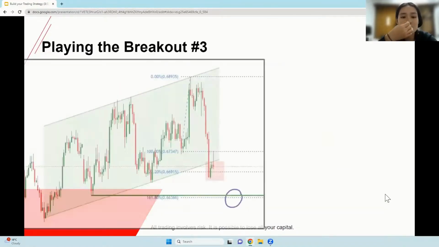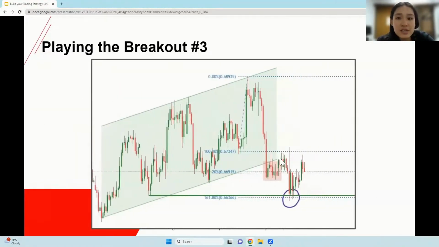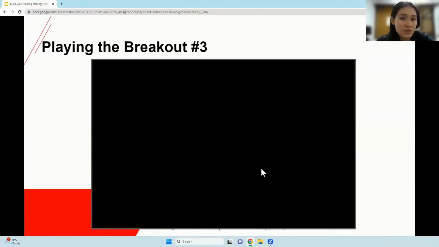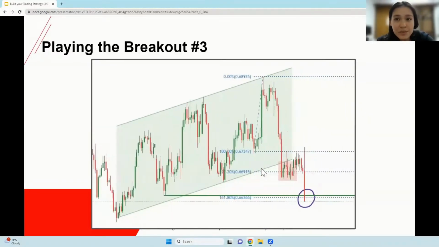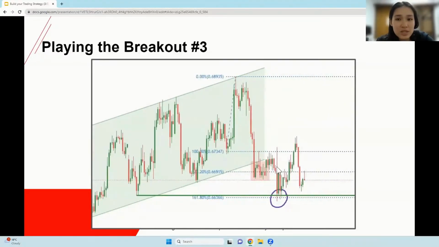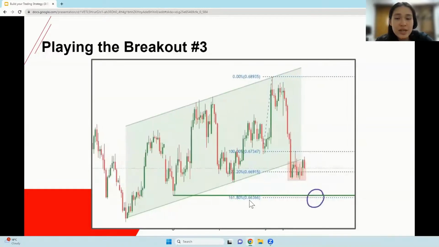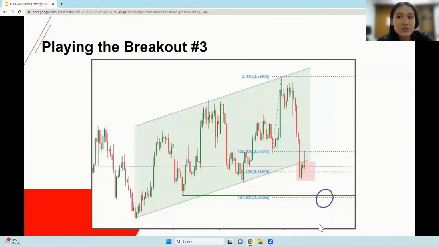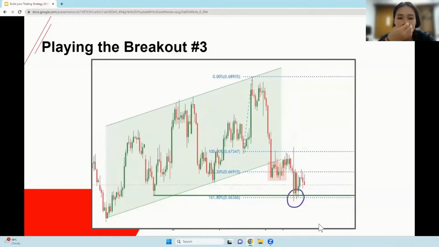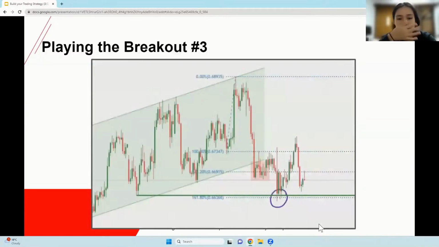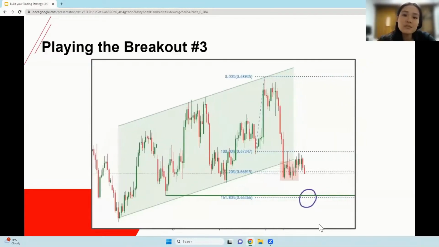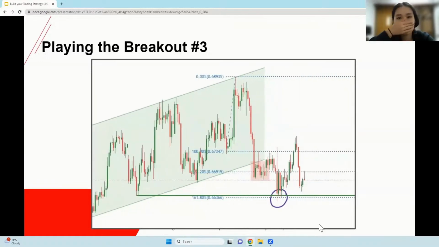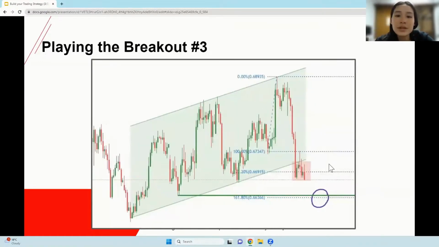And in this drift, you see that price does test the 127.2 level a little bit, but ultimately it does break through and hit our 161.8% extension level as we expected.